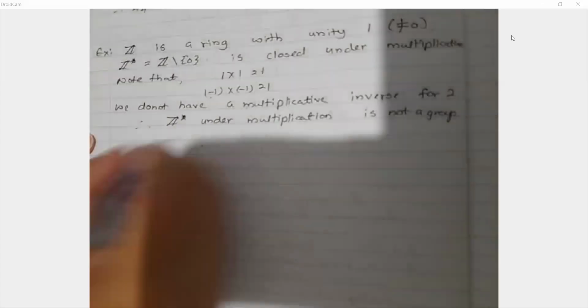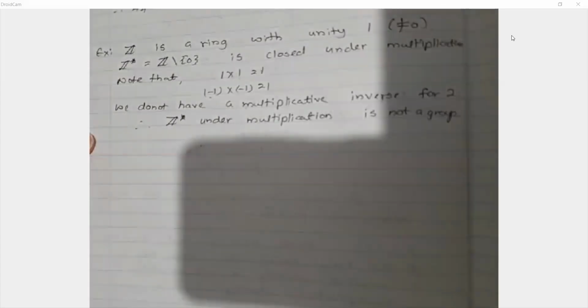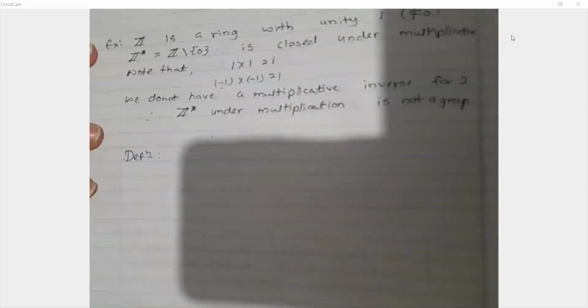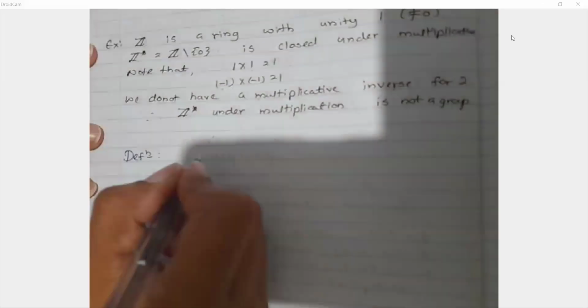Let's move to the next definition. Definition. Let R be a ring with unity, which is different from 0.